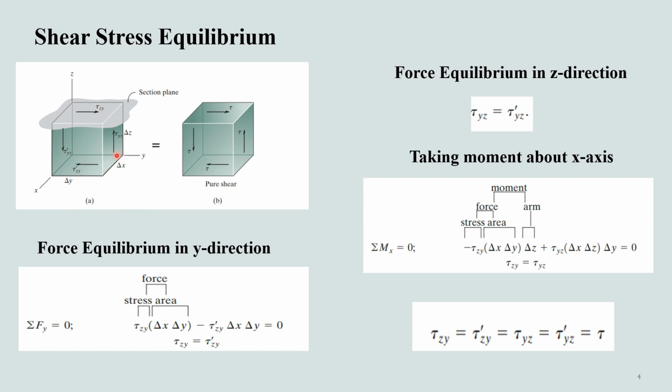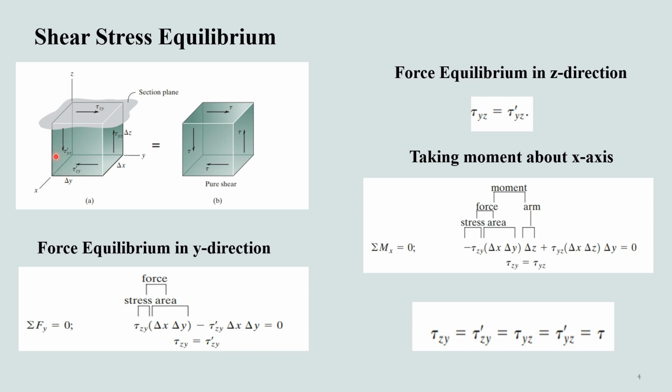Now a question arises: is there any connection between these vertical and horizontal shear stresses? We can answer this question by taking a moment about the x-axis. If we are taking a moment about the x-axis, we have to ignore this tau yz dash and tau zy dash.